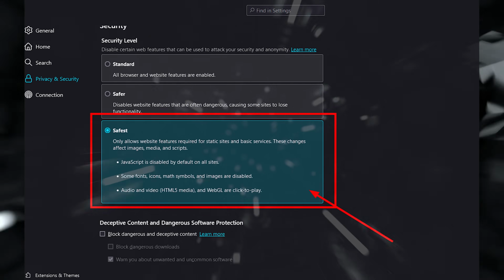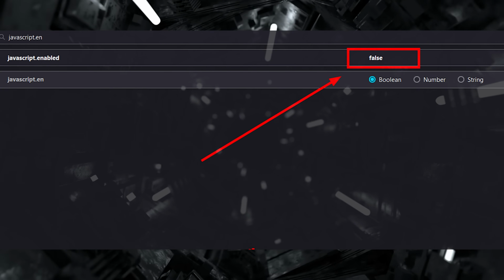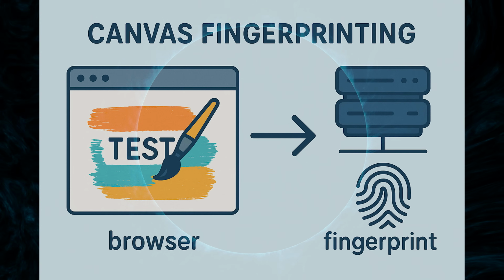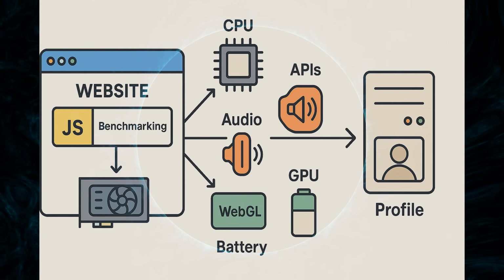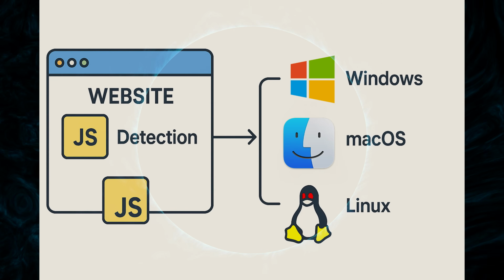And if you're using the safest mode with JavaScript disabled, good job, first off, but your browser should be leaking the least amount of data possible in that case. And that used to be the entire point of that mode, right? Disabling JavaScript removes a ton of attack surface, so there's no canvas fingerprinting, no hardware enumeration, no JavaScript-level OS detection.